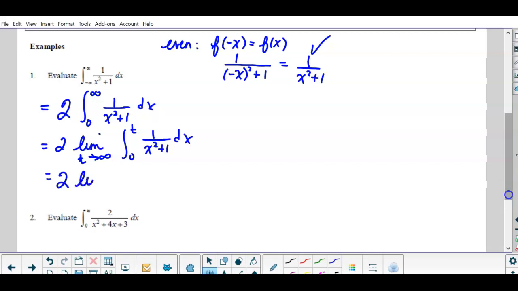So the limit, as t goes to infinity, of the integral of 1 over x squared plus 1. So look in your formula booklet. That's going to be inverse tan or arctan. IB uses arctan, so why don't we use that? So arctan of x, 0 to t.